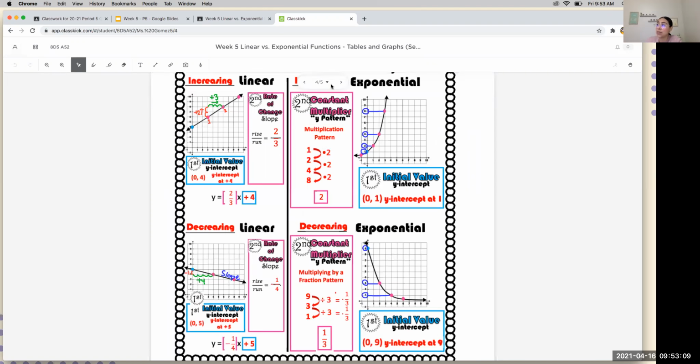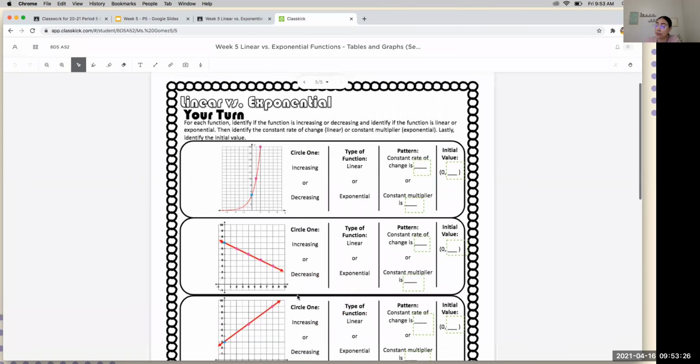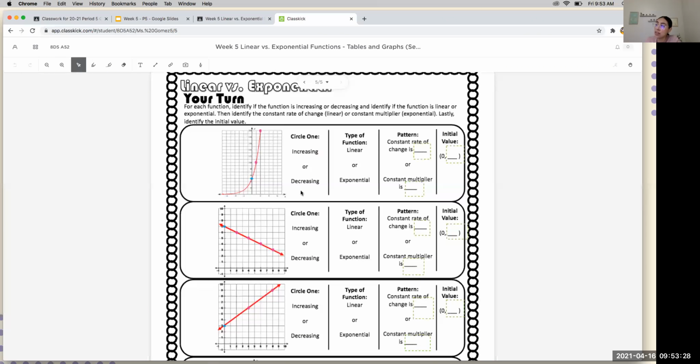Going down means decreasing. The nice part here is this second part, the type of function. This is probably going to be the easiest one for you guys. What type of function is it? Just look at the shape. Curve. What is that? Line. What is that? So you're just circling increasing or decreasing. You're circling linear or exponential.